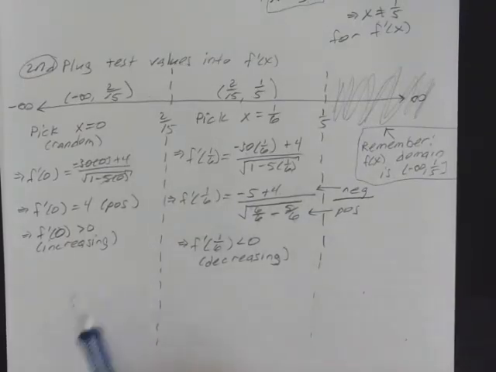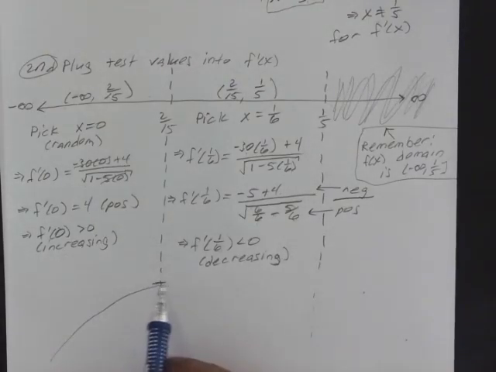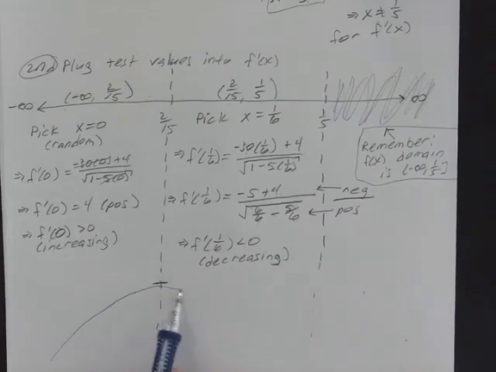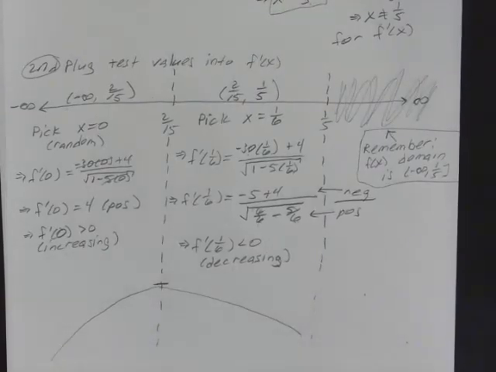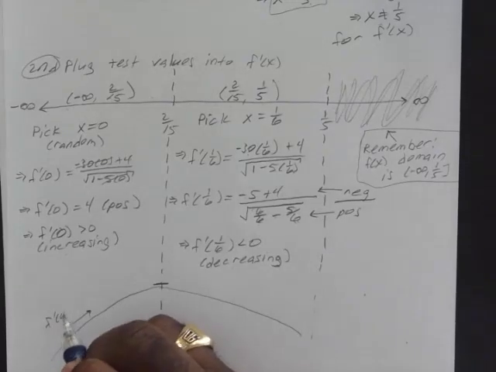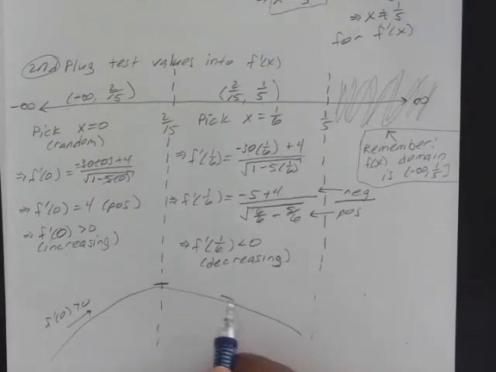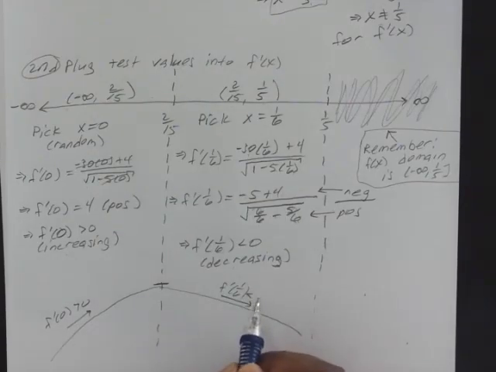Okay, so we know that since it's increasing from negative infinity to 2/15, we know that is our local maximum because it's decreasing on the other side. Okay, remember this is our f prime of 0 is greater than 0, and this is our f prime of 1/6 is less than 0.